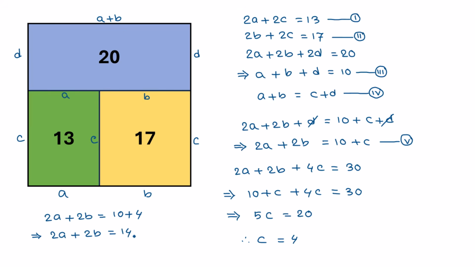Now dividing both sides by 2, we get the value of A plus B is equal to 7.